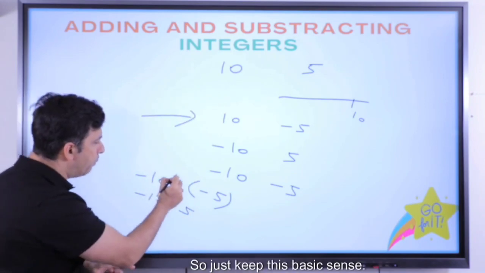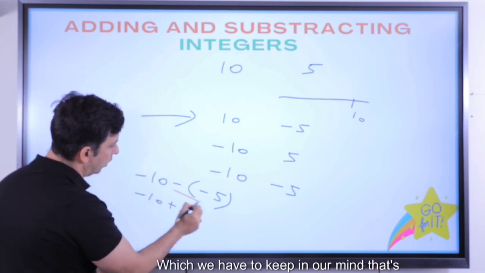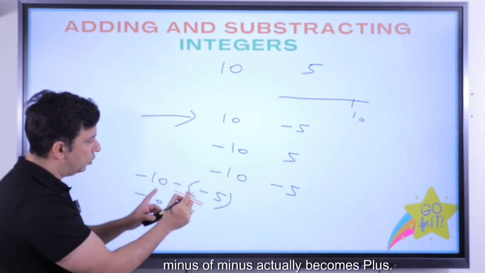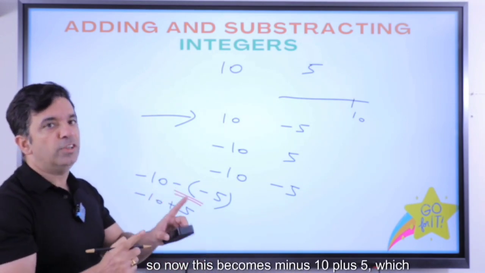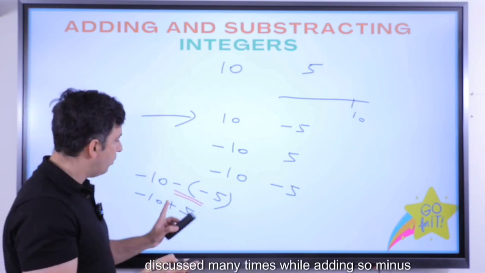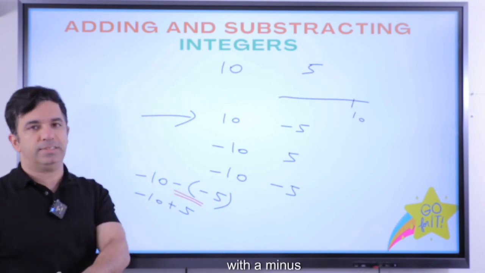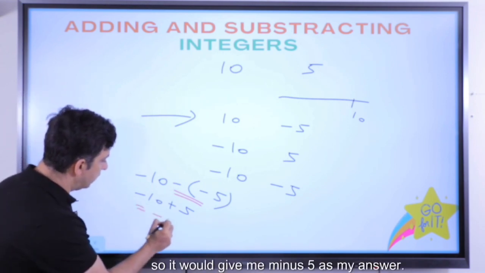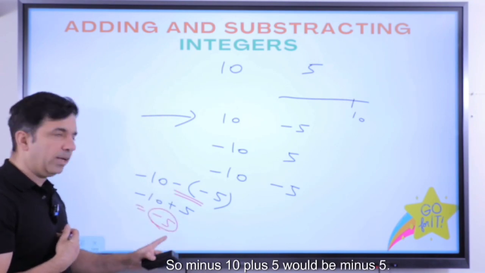So just keep this basic sense. This is the most interesting part which we have to keep in our mind. This minus of minus actually becomes plus. So now this becomes minus 10 plus 5, which is a situation that we have already discussed many times while adding. So minus 10 plus 5 would be the same as 10 minus 5, but with a minus sign. So it would give me minus 5 as my answer. So minus 10 plus 5 would be minus 5.